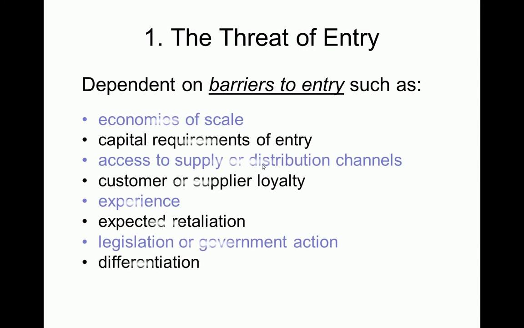The barriers to entry are features such as, are economies of scale necessary to operate in the industry? In some, for example process industries, manufacturing steel, manufacturing cars, you need to have a large scale of manufacture in order to keep your unit costs low.